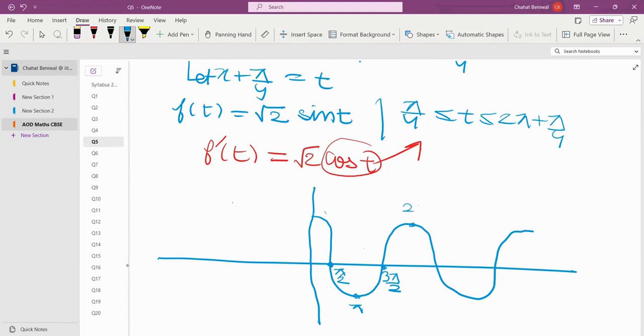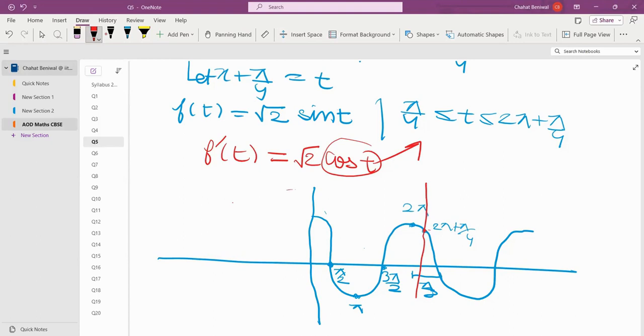This is 2 pi. And since this interval is pi by 2, 2 pi plus pi by 4 is going to be somewhere here. Okay, let me draw the red line. So we need to analyze the function till here, because our t is going from here.